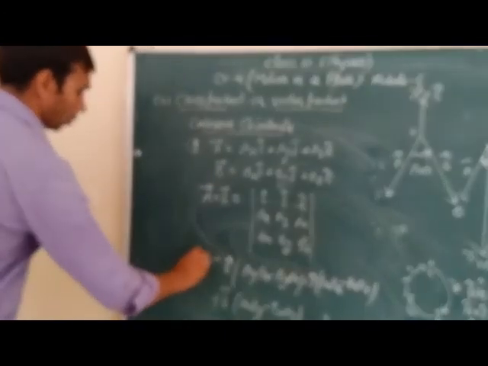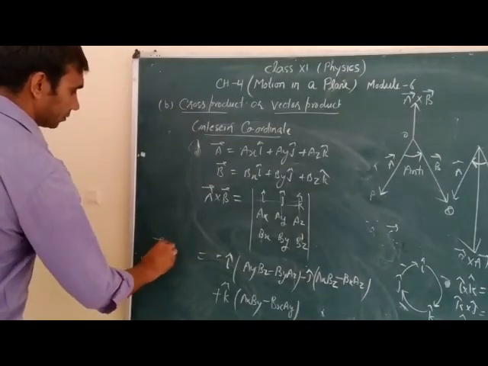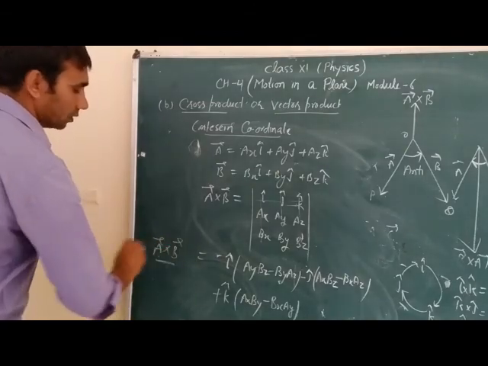This is the cross product of vector A cross vector B.